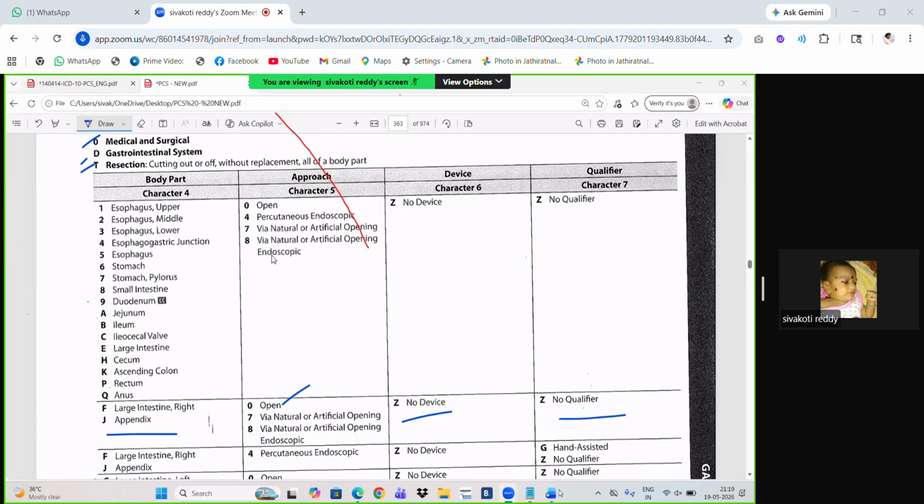We are going to practice every day. Next 2 to 3 sessions, we are going to practice PCS codes only. Tomorrow onwards, I will show how to use the book properly and I will give the examples. You need to identify the answers also.